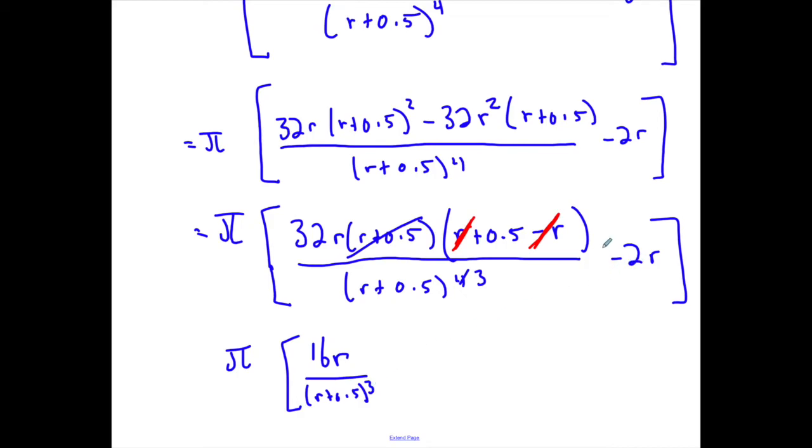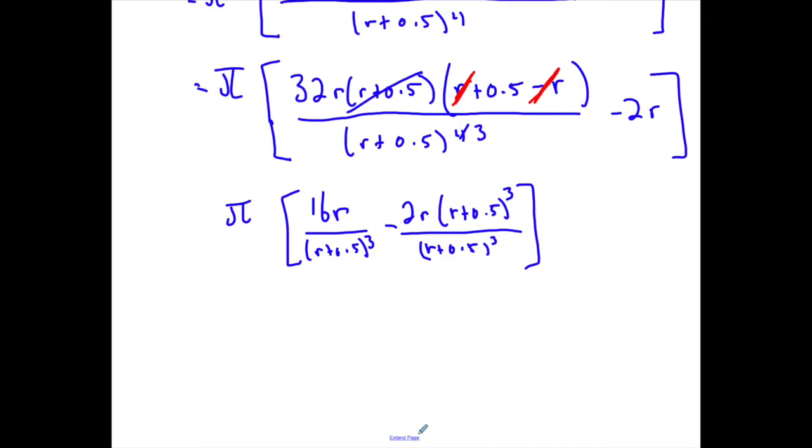Now I want to simplify this a little bit because I want to bring everything together. So to bring this together, I'm going to multiply 2r times r plus 0.5 to the third, like this. Because remember, I want the critical numbers here.